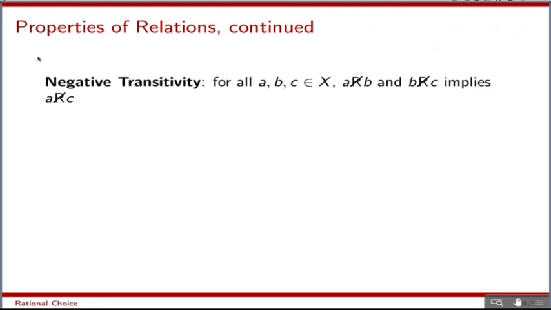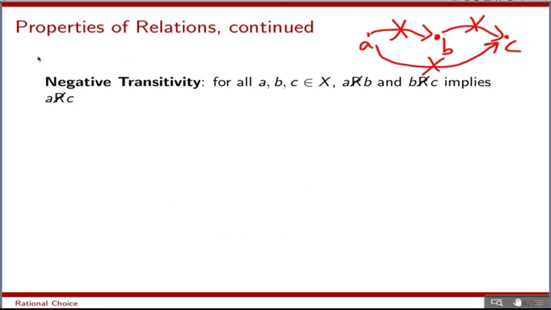What negative transitivity says is that if you have an object A and you know that A is not related to B, and B is not related to C, so if A cannot see B and B cannot see C, then it cannot be the case that A can actually see C. So it's just transitivity, except you put a not in front of each of the parts.